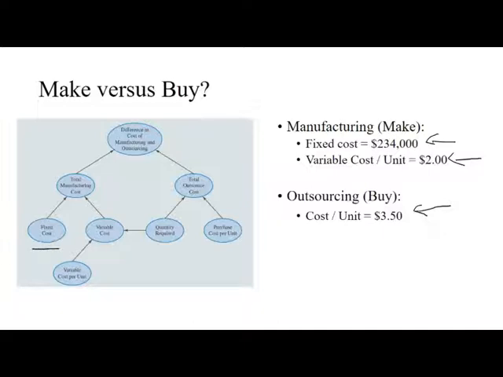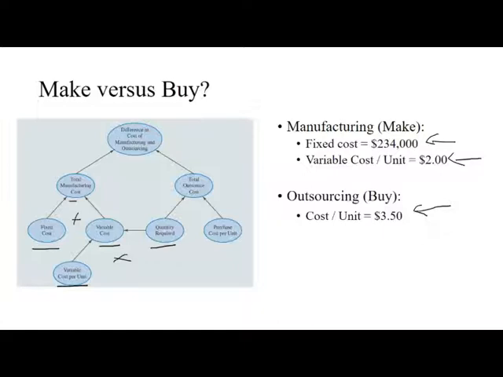In this case, it's $234,000. There's a variable cost per unit, which is $2. And to get the variable cost, we have to take the quantity required and multiply that by the variable cost per unit. Then by adding the fixed cost and the variable cost, we will get total manufacturing cost.